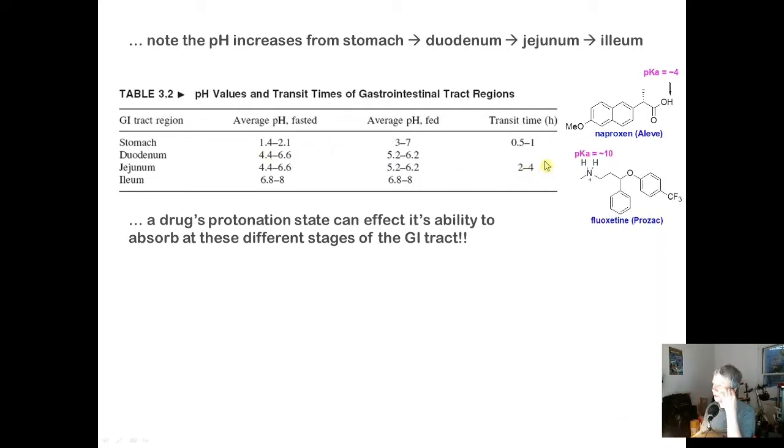Whereas a drug like fluoxetine, Prozac, has an amine, and I'm showing it in its protonated form. There's a reason I'm doing that, because if I show it without the extra proton, like the normal neutral molecule, then we can't really show the pKa of it.